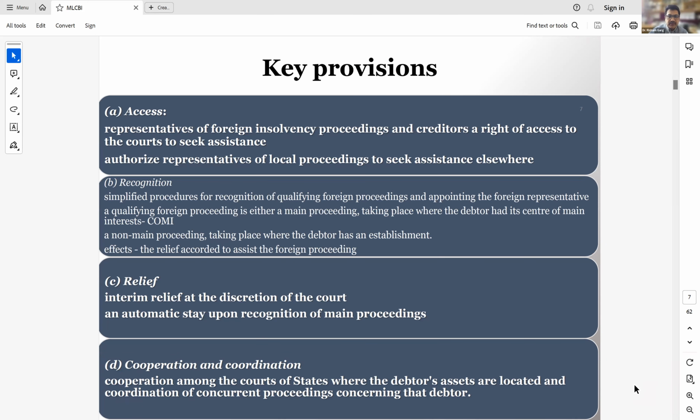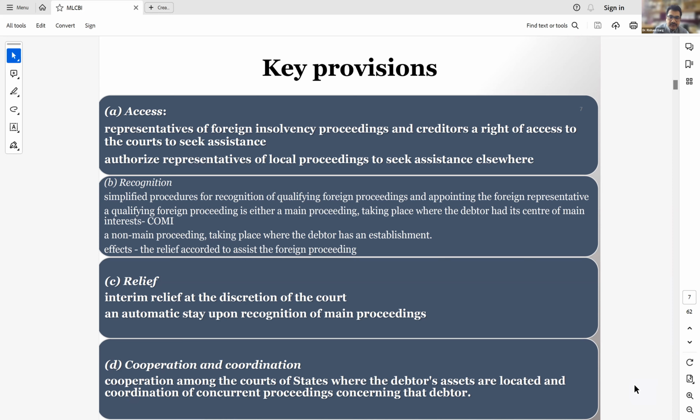So the key provisions are, as I mentioned to you, four. There is access, where representatives of the foreign insolvency proceedings and the creditors get a right of access to the court to seek assistance, and also to authorize representatives of local proceedings to seek the assistance elsewhere. Then there is recognition, and these are simplified procedures for recognition of the qualifying foreign proceedings and appointing the foreign representative.